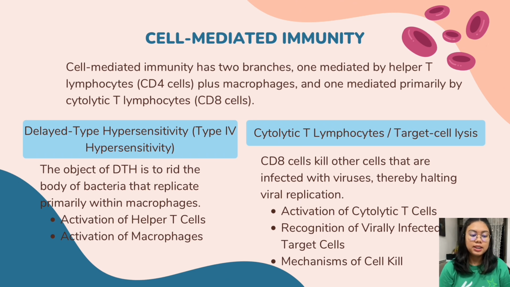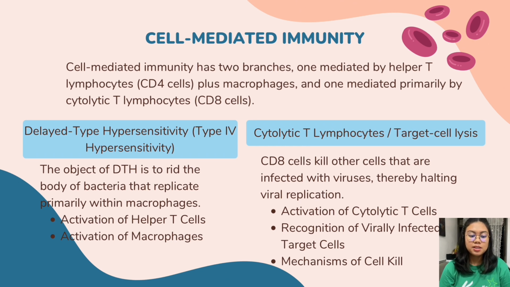So for cytolytic T lymphocytes, first, activation requires the participation of an antigen-presenting cell and a helper T cell. The process is very similar to the activation of CD4 cells already discussed. Next is the recognition of virally infected target cells. CTLs recognize their targets by the presence of the antigen-MHC-I complex.